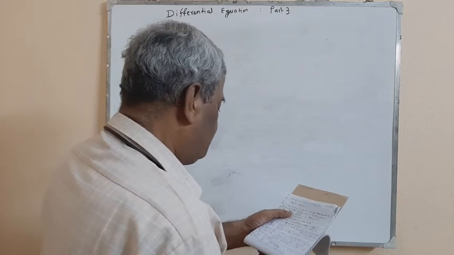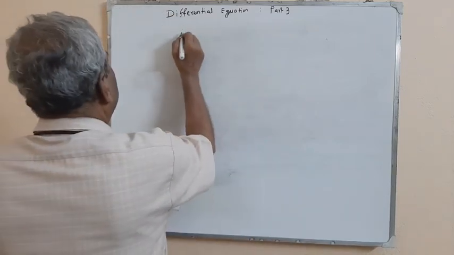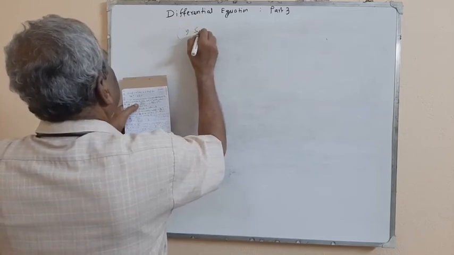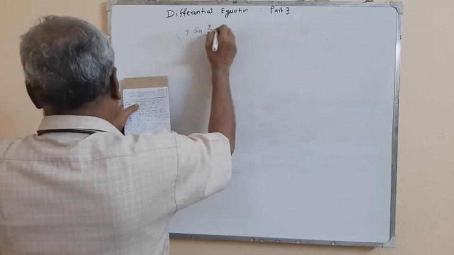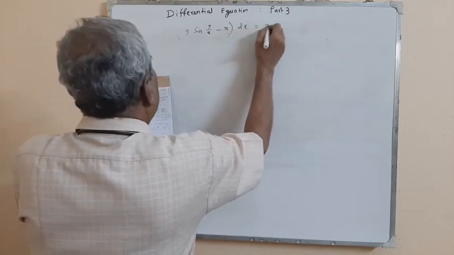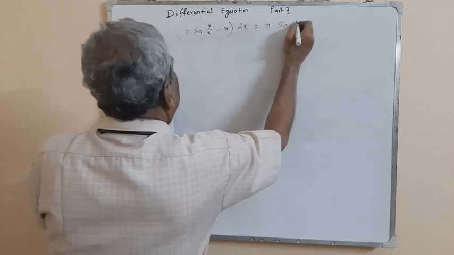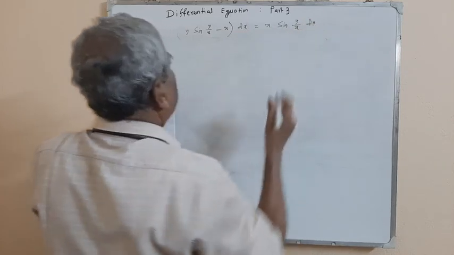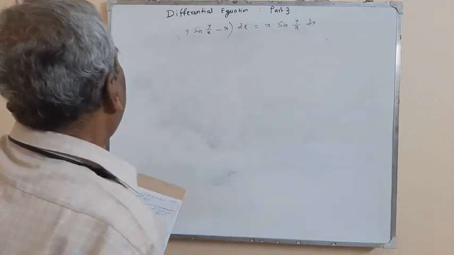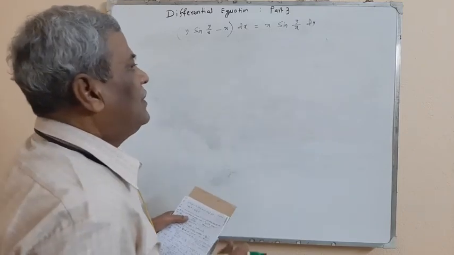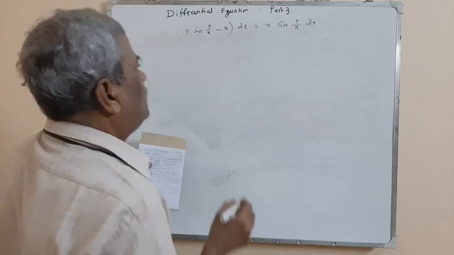Next problem, y sine of y by x minus x dx is equal to x sine of y by x dy. This is the given differential equation.